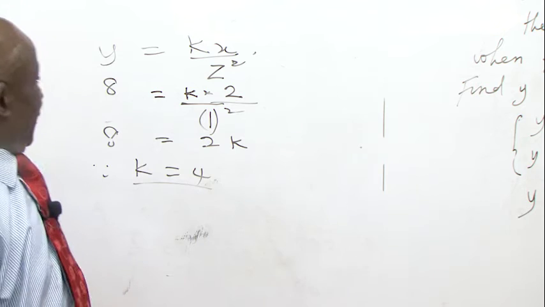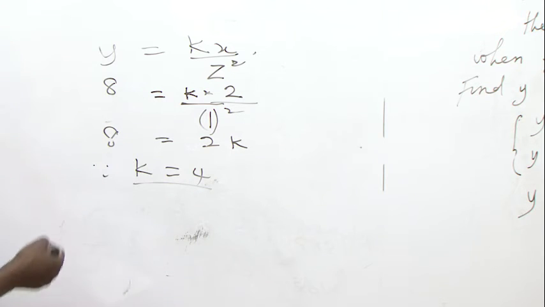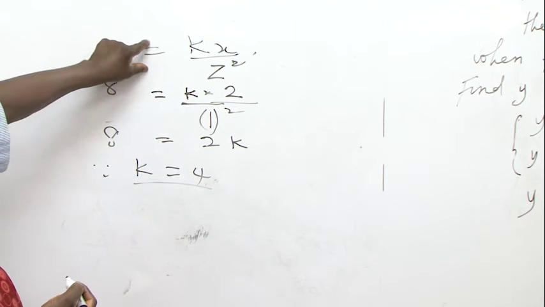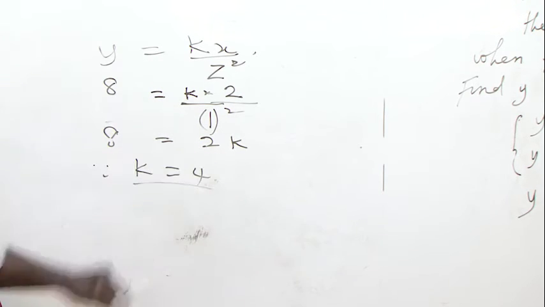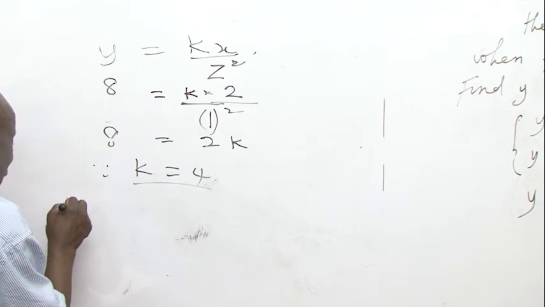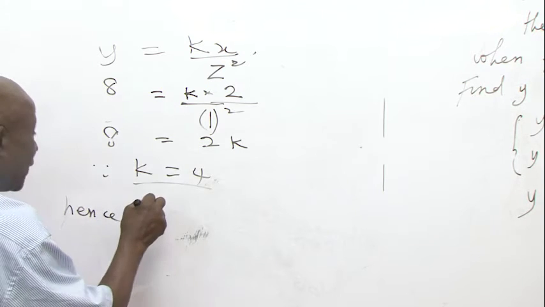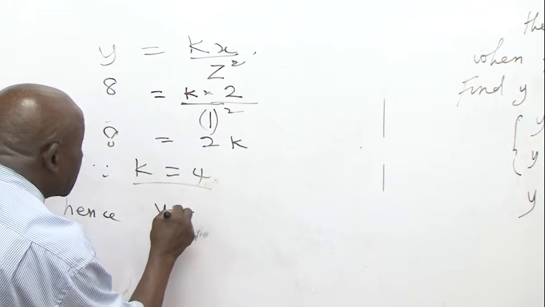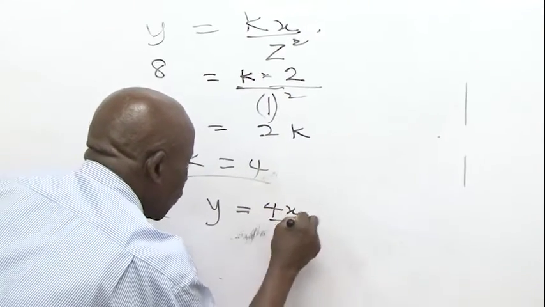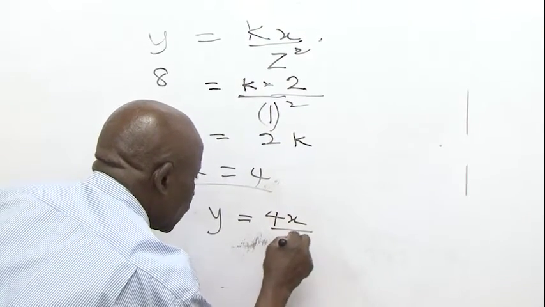Finally, you use the relationship, because you are finding the relationship. This from here, not from there. Hence, let me use the word hence. Y equals k, which is 4, x all over z raised to power 2.